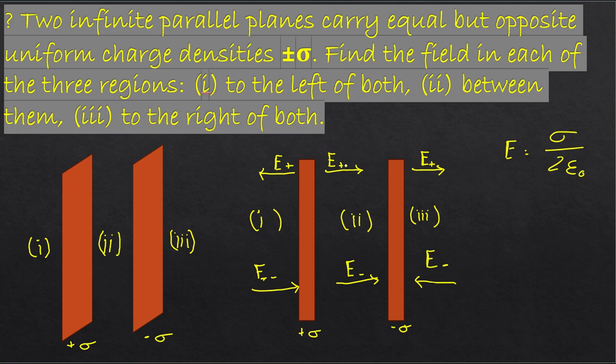Here E positive and E negative are in the same direction, so they add up, and we get an effective electric field of sigma by epsilon 0. So in region 2 we have an electric field sigma by epsilon 0 directed to the right. Elsewhere the electric field is 0.